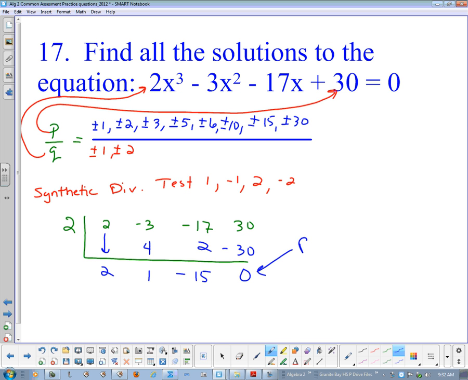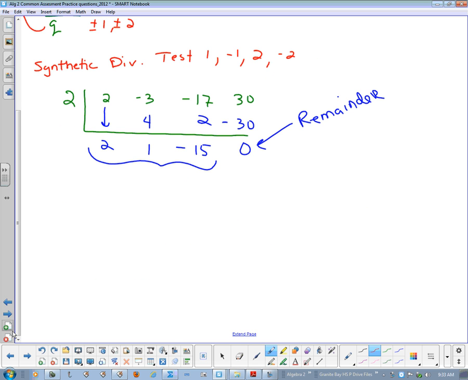Remember, that 0 is called the remainder. Since it is a remainder, then it divides into it nicely, and what you have left right here is 2x squared plus x minus 15. It's a quadratic. Set that equal to 0 because we're trying to find roots. Okay, and now what we can do is try to factor this.